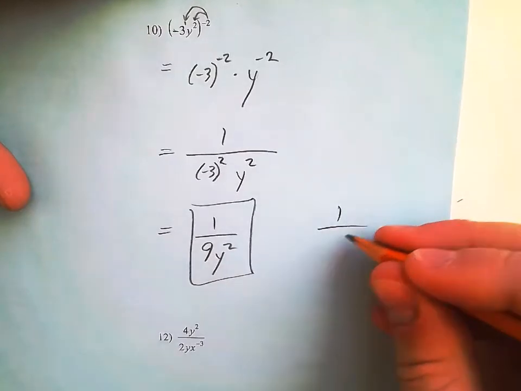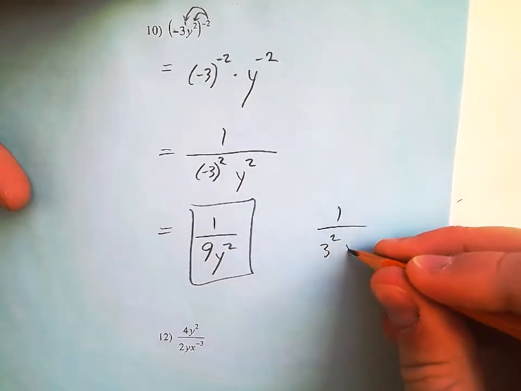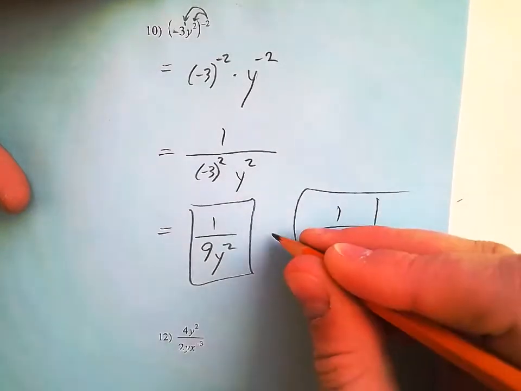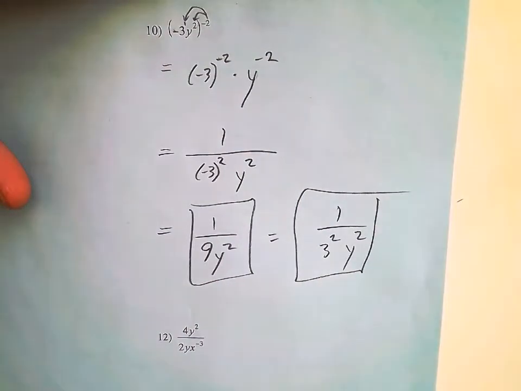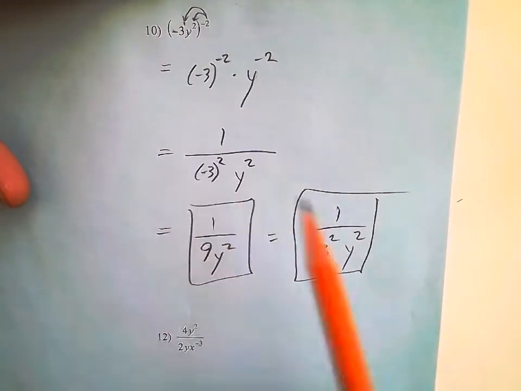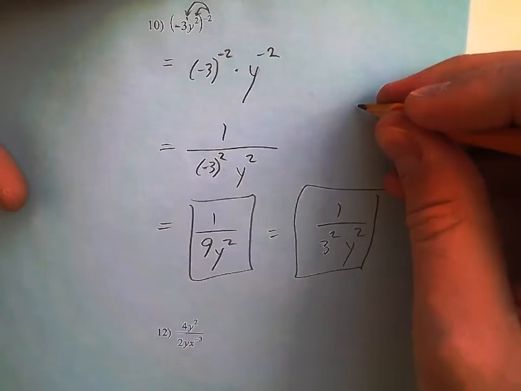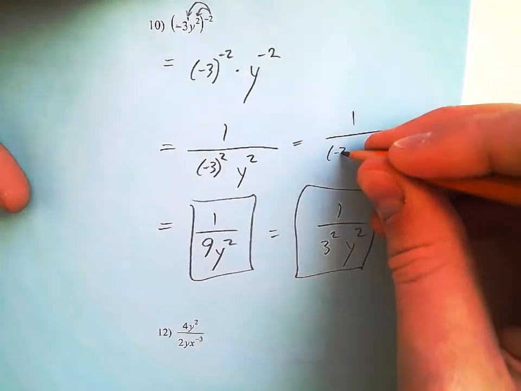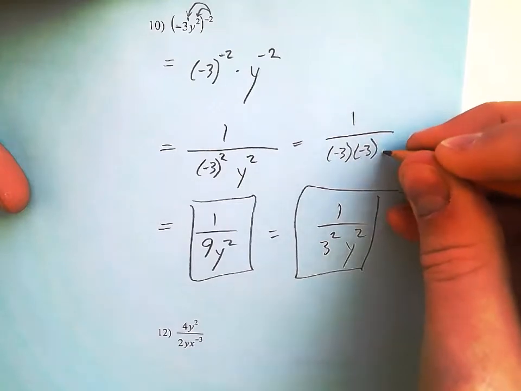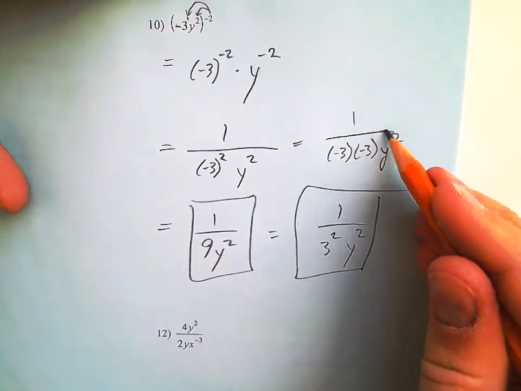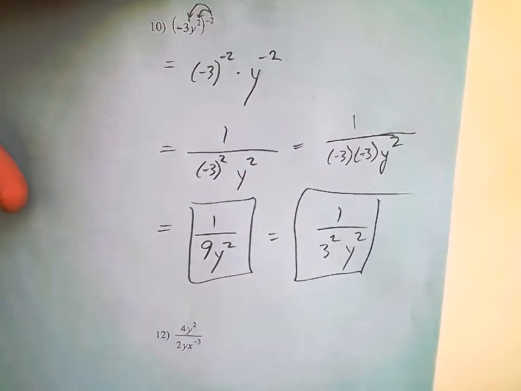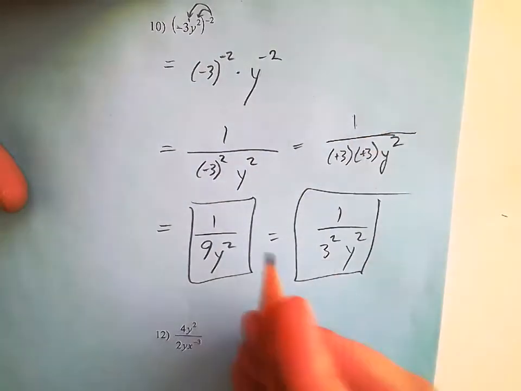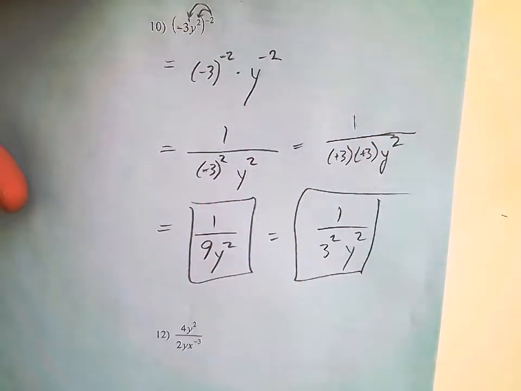Or if you wrote 1 over negative 3 squared y squared, that's okay too. But then since the negative is going to cancel out there, on the bottom you have negative 3 times negative 3 times y squared. Negative times negative is a positive, so that negative is going to cancel out.